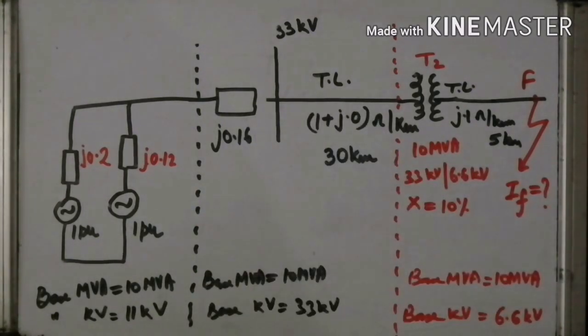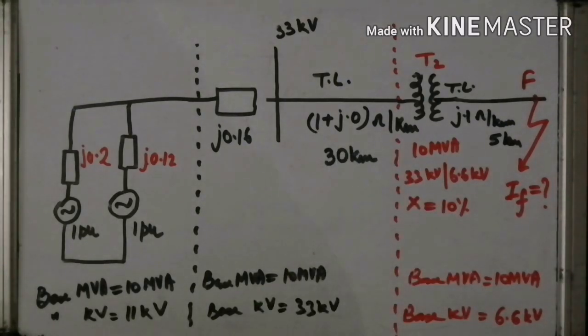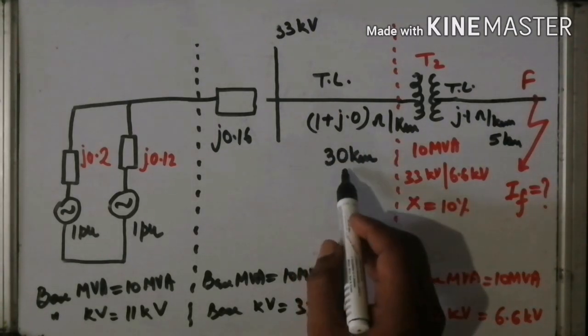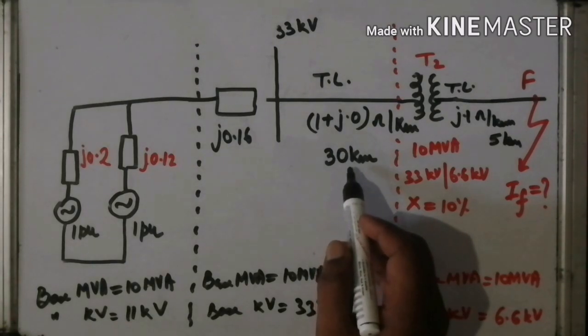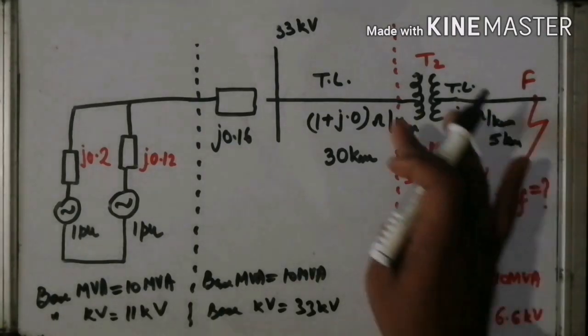Here TL is given. Its impedance is 1 plus J0 ohm per kilometer. First of all, I am going to multiply this with the kilometers, that is 30 kilometer, and divide it by the base value, that is Z base.